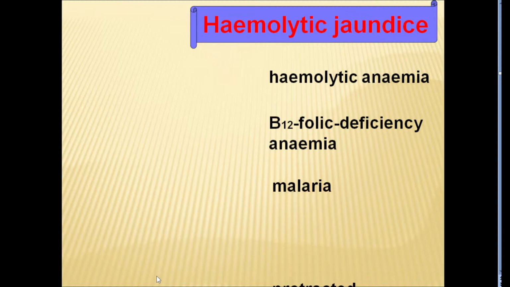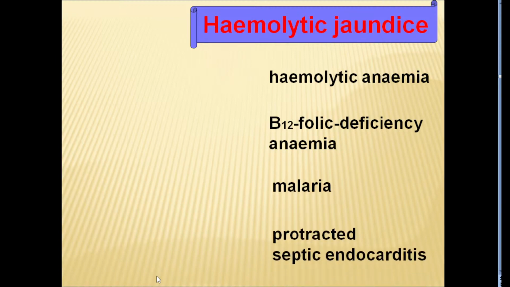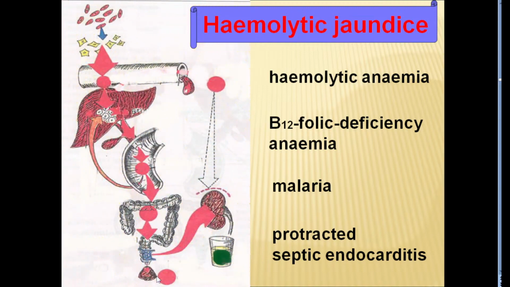Malaria, infectious diseases, and protracted septic endocarditis are the more frequent pathologies accompanied by hemolytic jaundice due to intensive destruction of erythrocytes. Let's see how pigmentary metabolism changes in this situation.